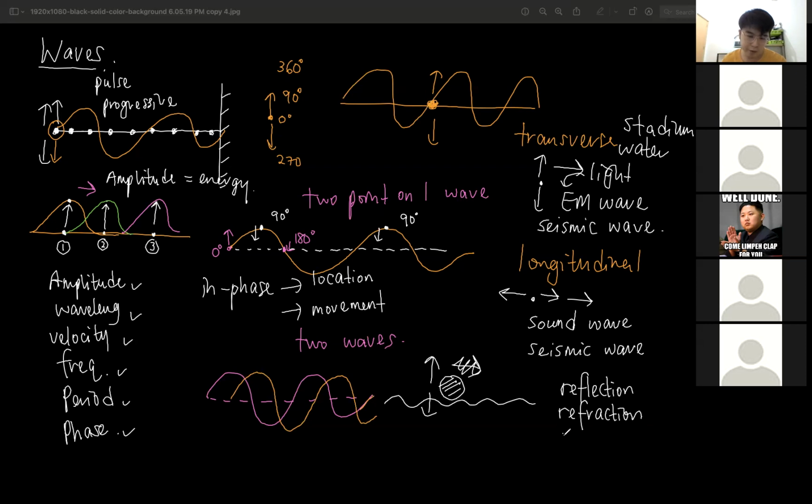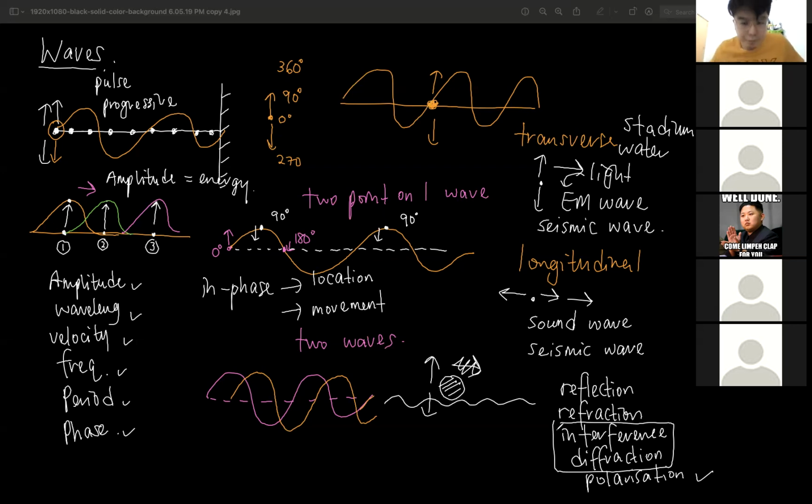And then you have the interference of waves, and you have diffraction and polarization. These are the few phenomena of waves. Today we'll talk about polarization, and in the next lesson I will cover diffraction and interference, because they take more time.